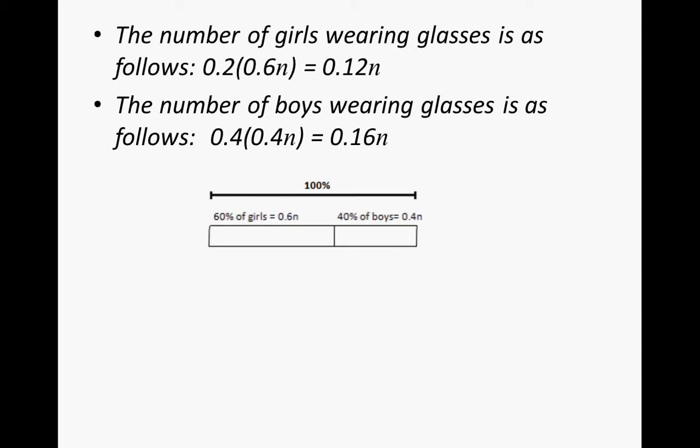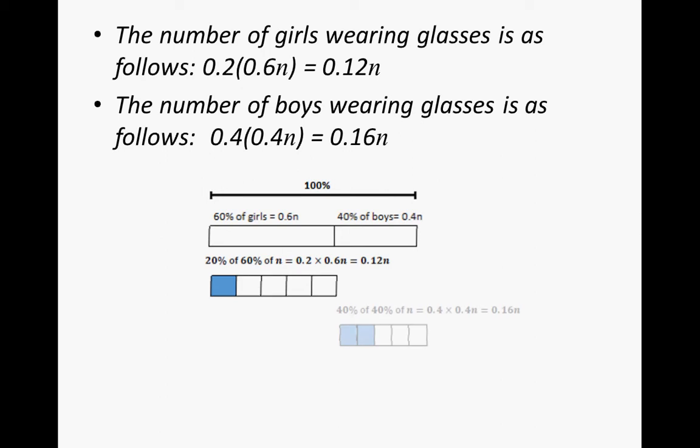So showing that again, our original tape drawing, we would have to take our tape section of 60%, split that up into common or equal areas of 20% so that we could show 20% of 60%. And the same thing with the boys, taking the section which is 40%, we would have to split that up into sections where we could get 40.